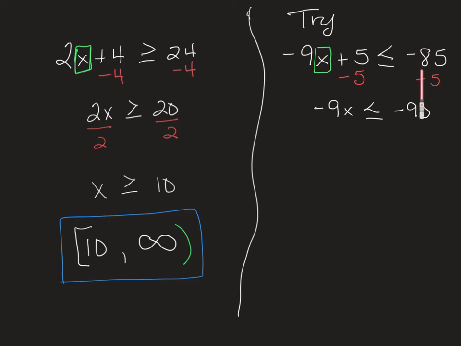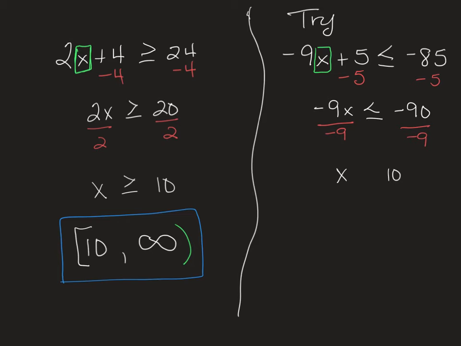Remember, when they have the same signs, we add and keep the sign. So the next thing I'm going to want to do is divide by negative 9 on both sides. And again, did you hear how I read that? I want to divide by negative 9 on both sides. The reason why I'm pulling the emphasis to that is because we are going to get x and 10 again.